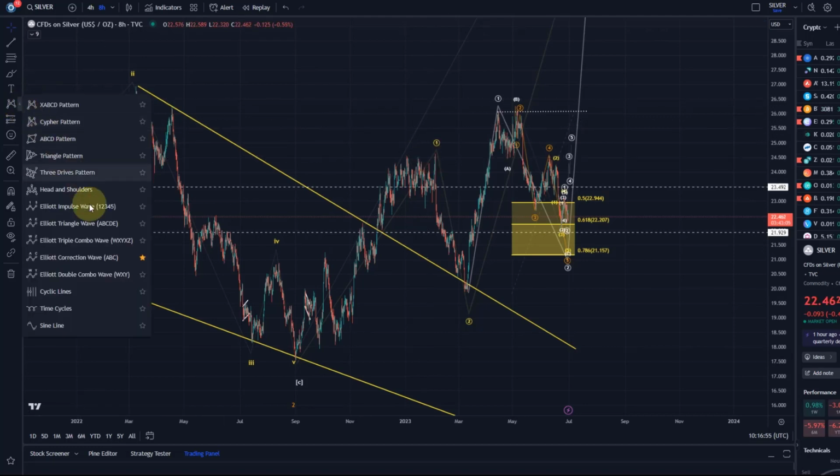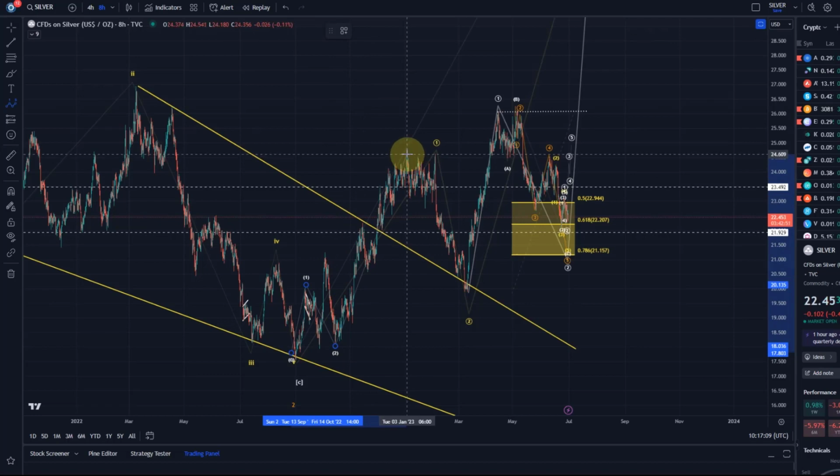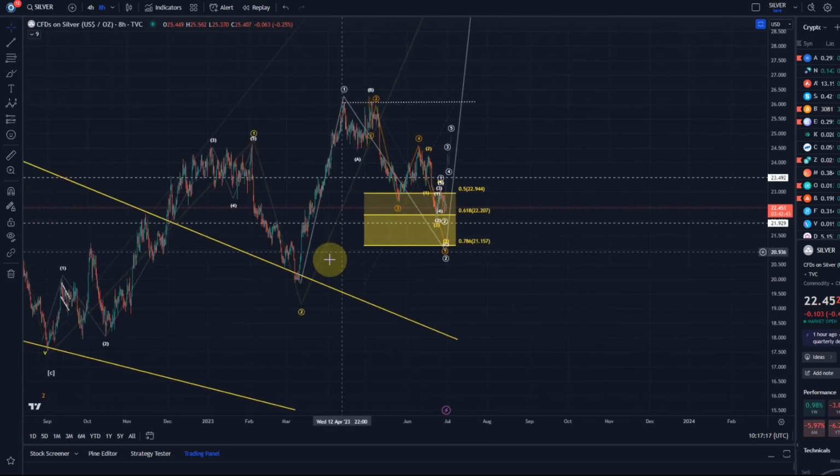How is that counted? In case anybody's interested, I would then count it as, let me just rethink that. Yeah, we had at the time here a 1, A, overshooting B wave, C wave down, 2, wave 3, wave 4, wave 5 of 1. And then here an ABC structure to the downside.